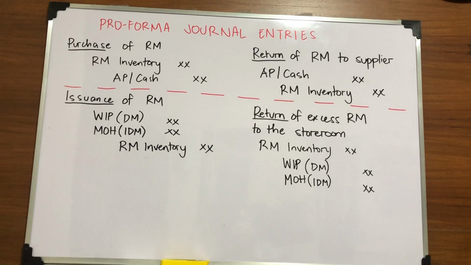Let's say the production supervisor initially requested 1,000 units of material A, but after careful examination, when they received the 1,000 units of material A, the production supervisor determined that they just need 500 units of material A. So the production supervisor has to reverse the entry for the issuance. He will debit raw materials inventory and credit work in process and manufacturing overhead for 500 units.